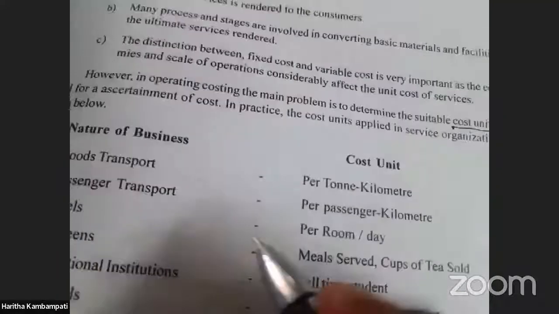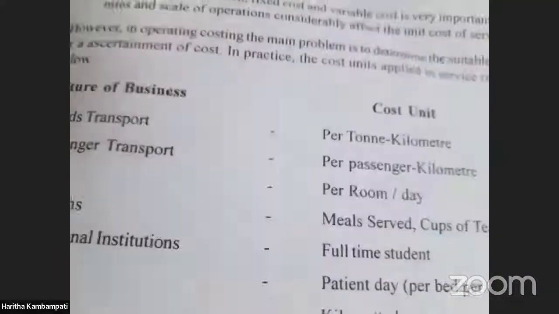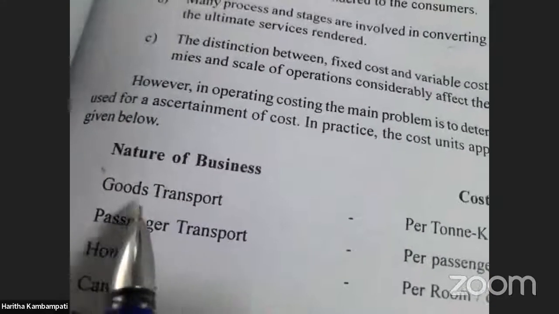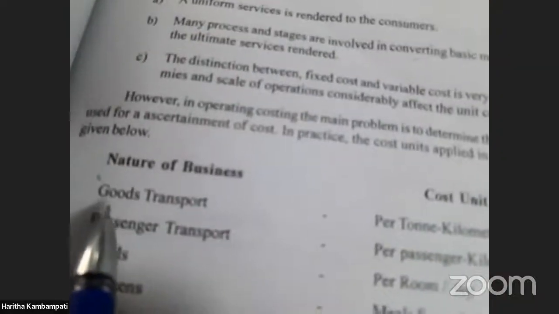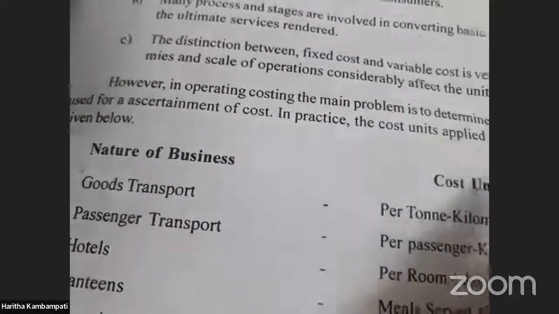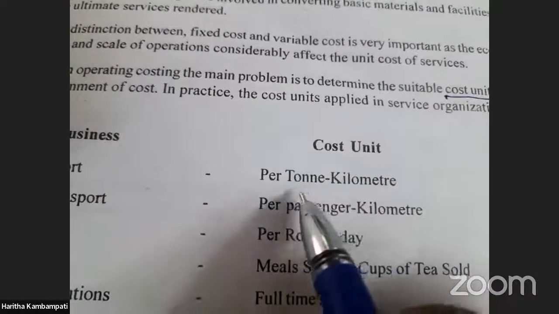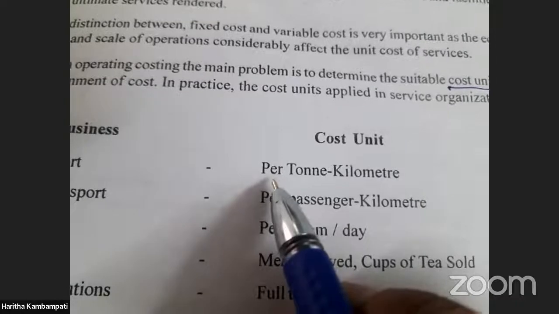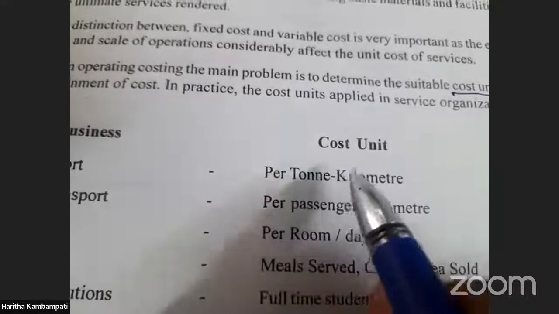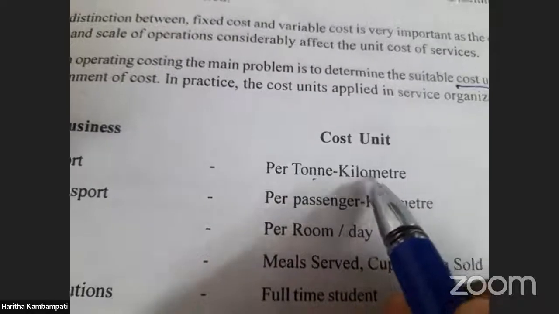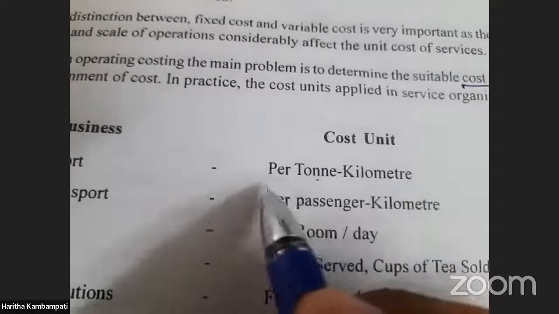We know very well, if we take an example of a transport company, that is a goods transport company, the cost unit is going to be how much amount is required per ton per kilometer.